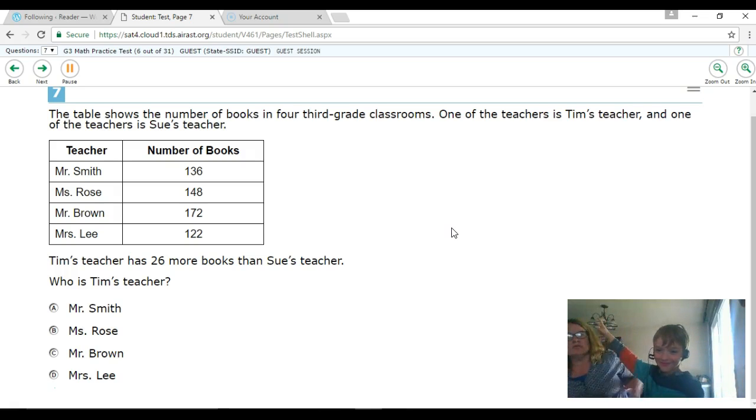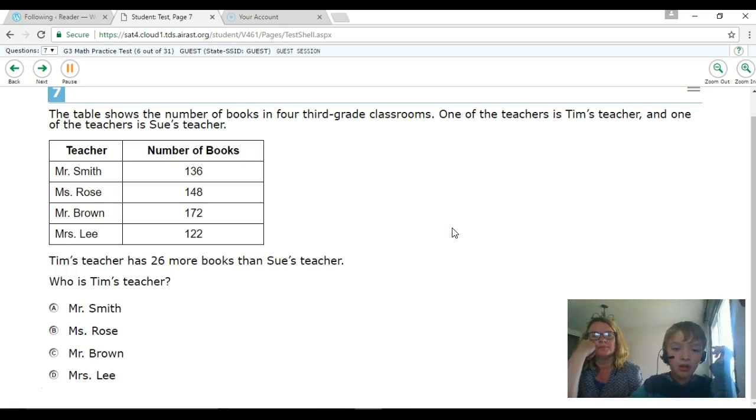Miss Rose has 148. Mr. Brown has 172. Mrs. Lee has 122. Tim's teacher has 26 more books than Sue's teacher. Who is Tim's teacher? That's a good question. You have to try and figure out. It's like a mystery.